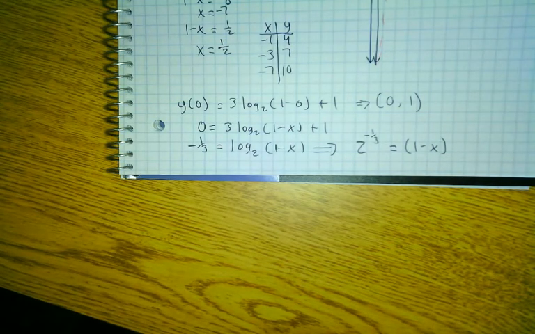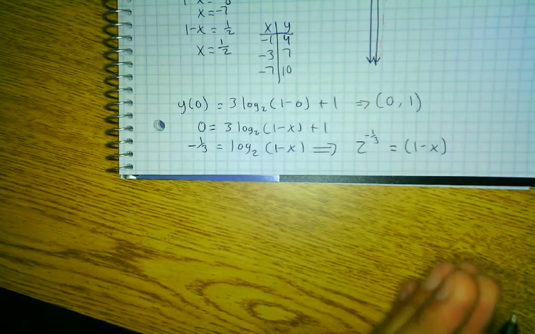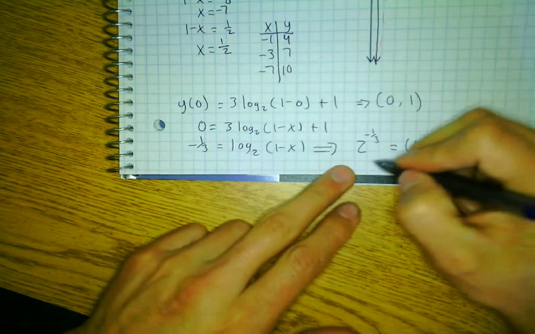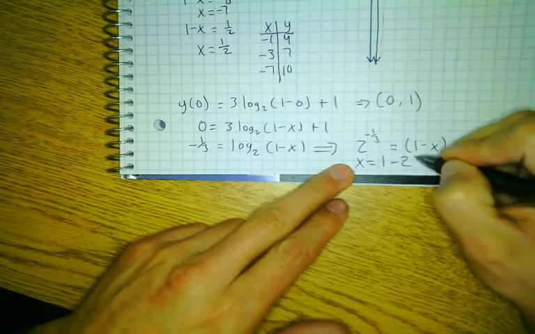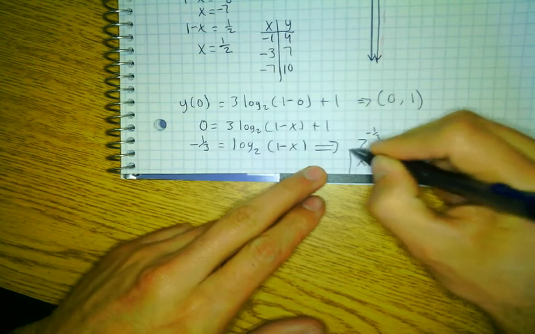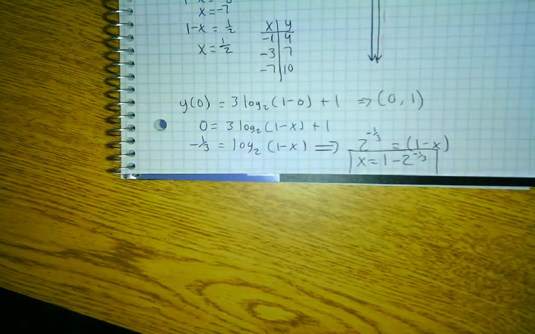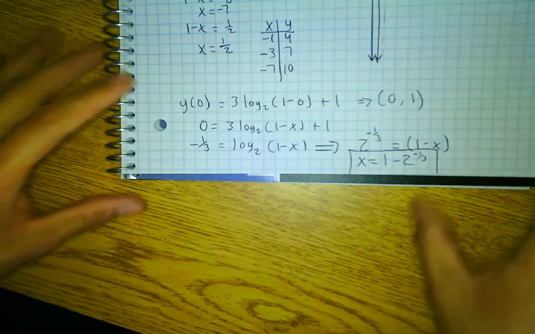But you can still solve for x. How can I get x by itself? So can I say then that x is equal to 1 minus 2 to the power of negative 1/3? And that would be my x-intercept, which I would not expect you to know where that is if you don't know what 2 to the negative 1/3 is, but you can still find the x-intercept algebraically.